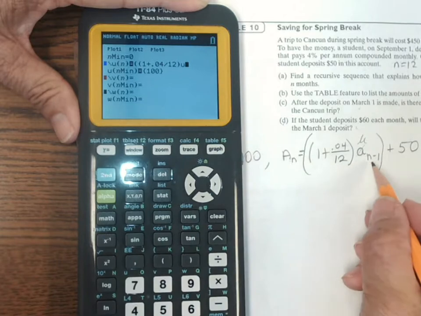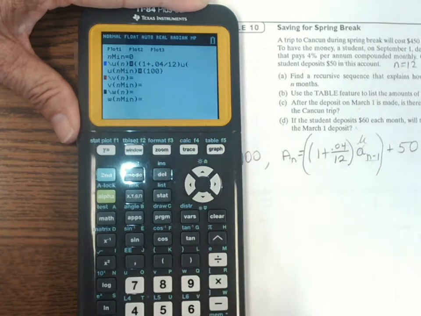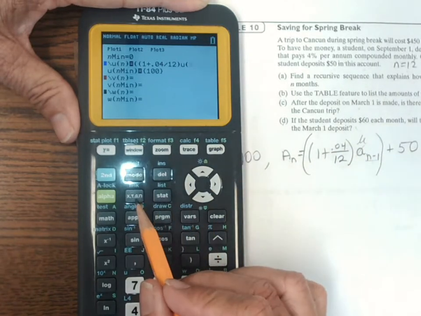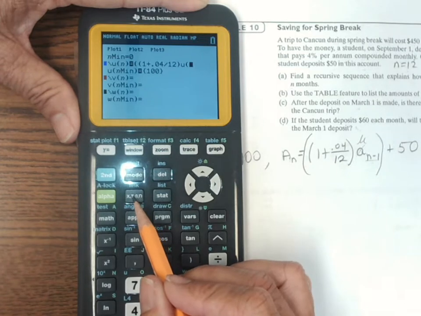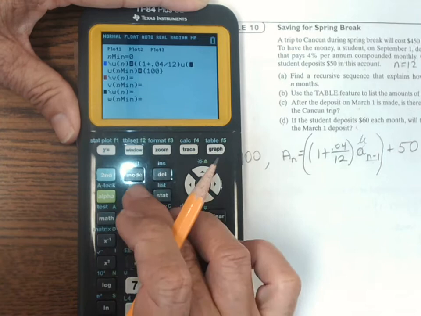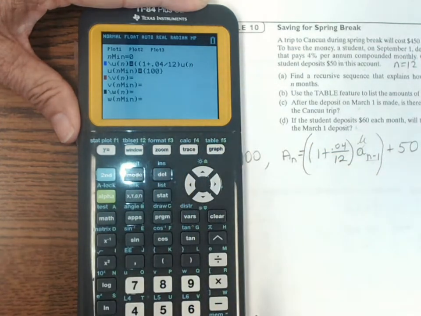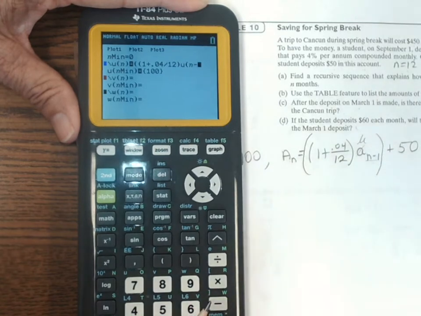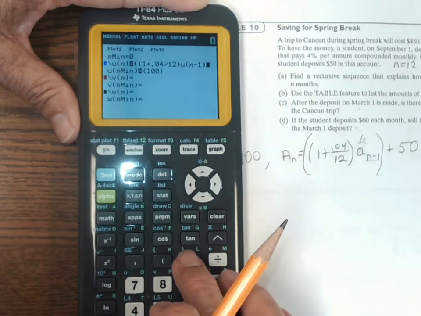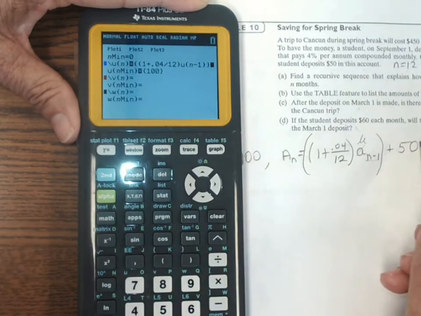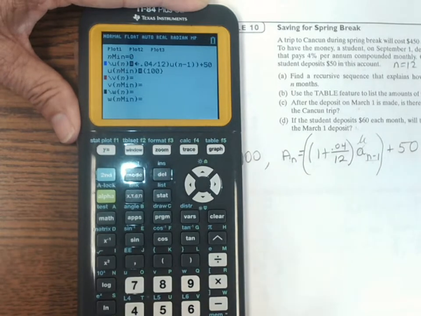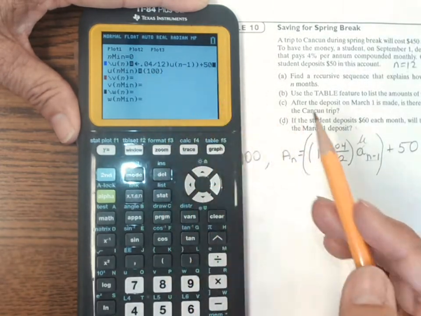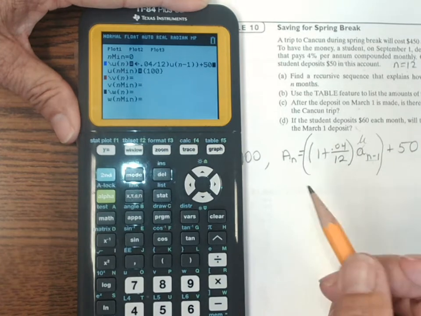Another parenthesis to give it the index value. Now to get an n, there is an n right here, where we normally would press to get an X. Because I've changed to sequence mode, it knows that I need an n. Minus 1, close parentheses. Now I close that parenthesis again, and then plus 50. So that is my whole formula entered in there.